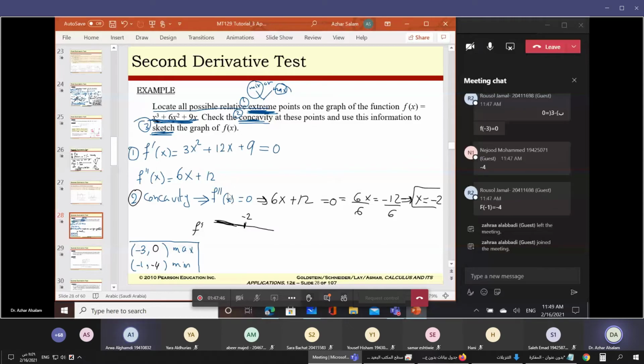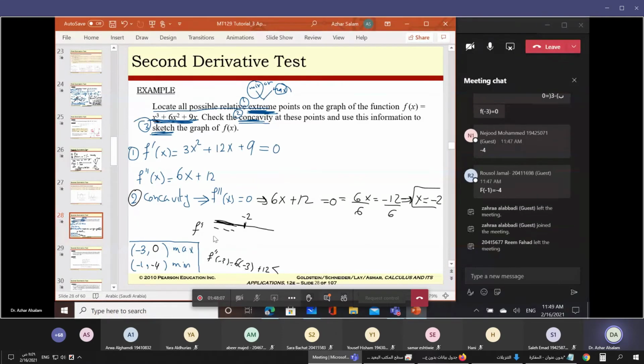For example, for minus 3, f double dash of minus 3 is 6 multiplied by minus 3 plus 12. It will be minus 18 plus 12, which is negative. So it will be concave down in this interval.